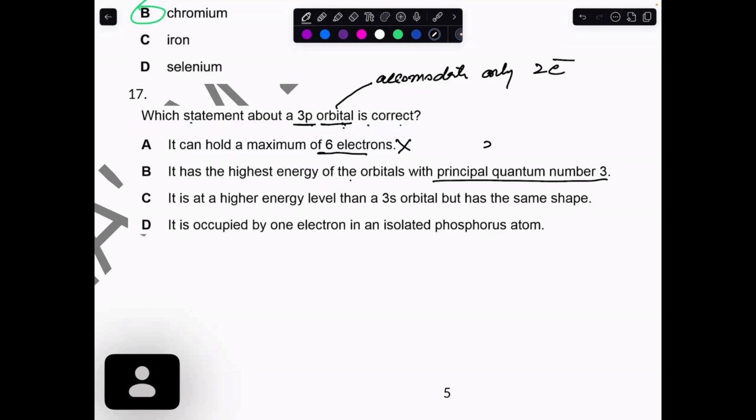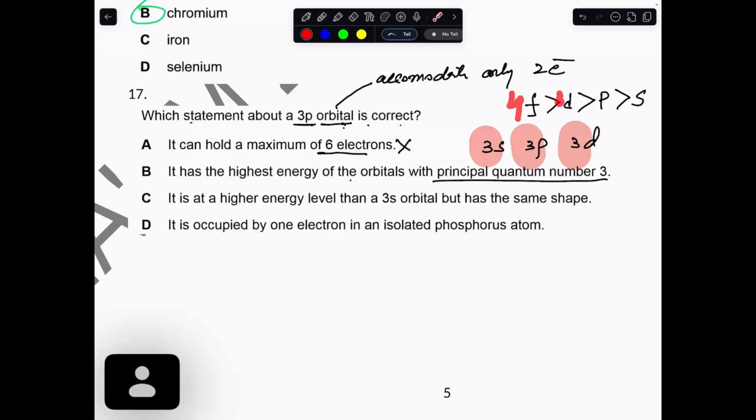It has the highest energy with the principal quantum number 3? No. In 3, there is 3s, 3p, 3d. If the quantum shell is the same, f has more energy than d, d has more energy than p, p has more energy than s, like 4f, 4d, 4p, 4s.